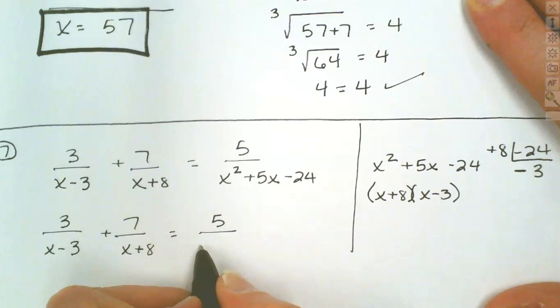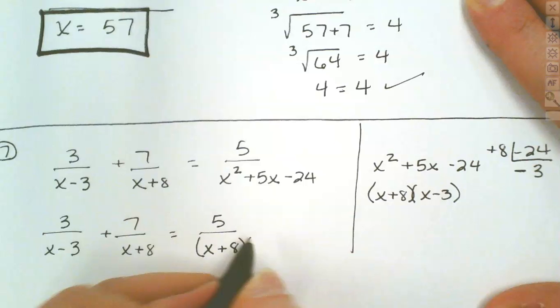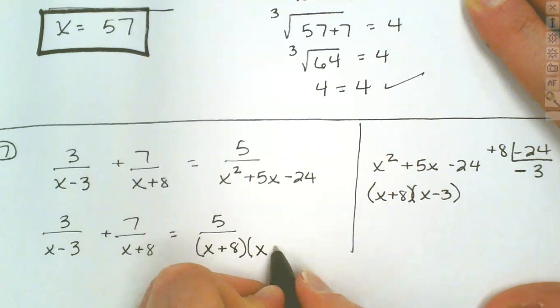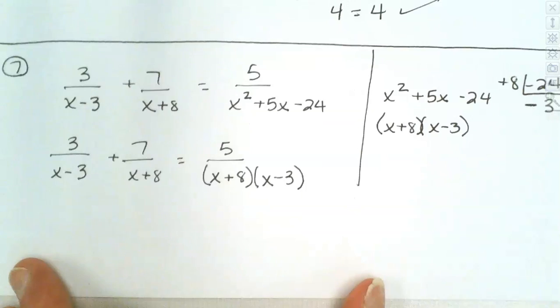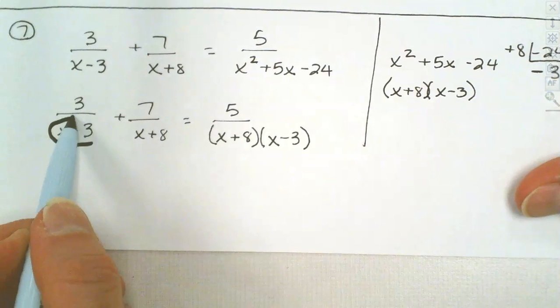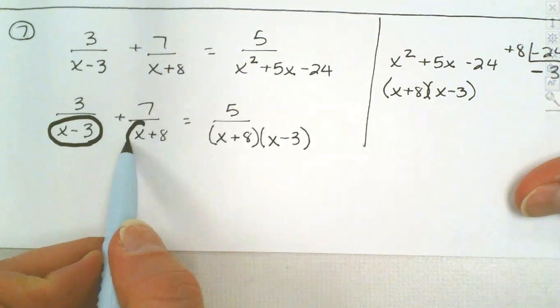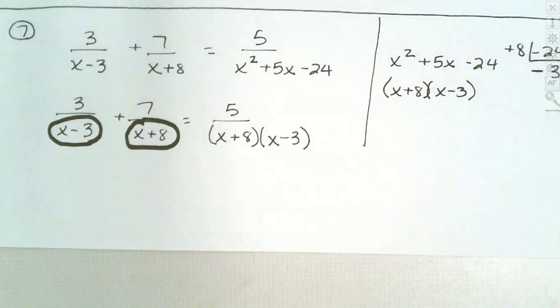Before we clear our fractions, we need to figure out what numbers are not going to be in the domain. So everything has been factored. We're going to look at our denominators. We can work them out, or we can just look and see what numbers are not going to work. Well, when I look at these, what number is not going to work on the first one?